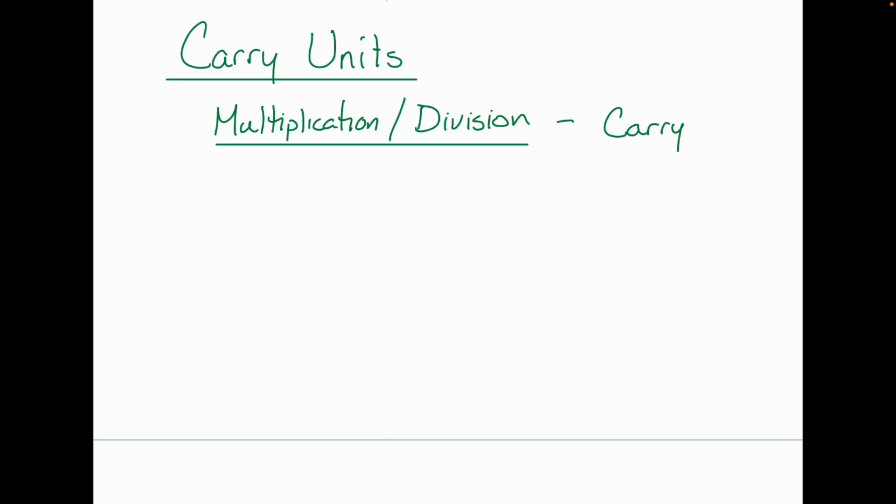Let's say that we take 5.2 centimeters times 2.5 grams. If we got a problem like this, the first thing that we're going to do is punch it into our calculator and see what our calculator spits out.